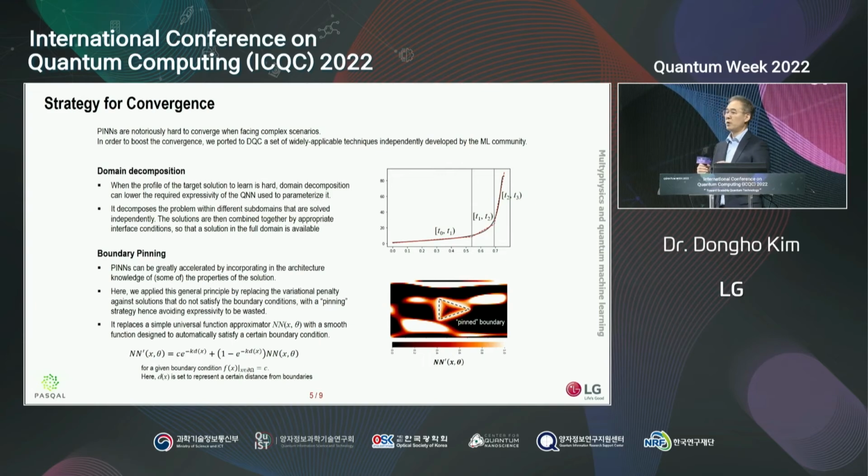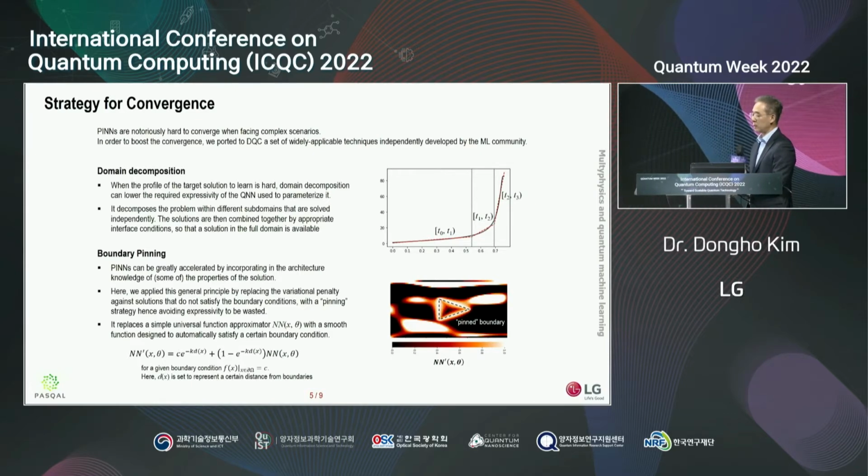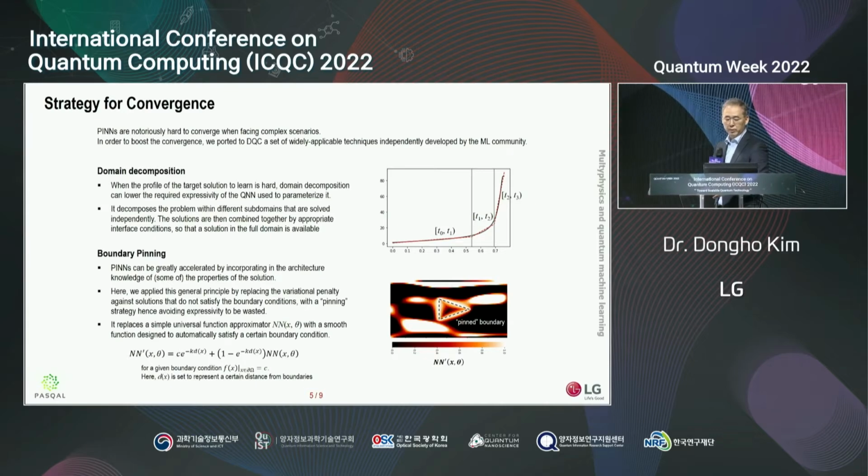So if we minimize the loss function, that boundary condition should be in effect, the same as the constant number. That kind of aspect can be applied to the boundary pinning strategy as well. That is the most simple boundary condition, but the boundary condition can be adaptively adjusted and adaptively reflect some kind of equation as well.